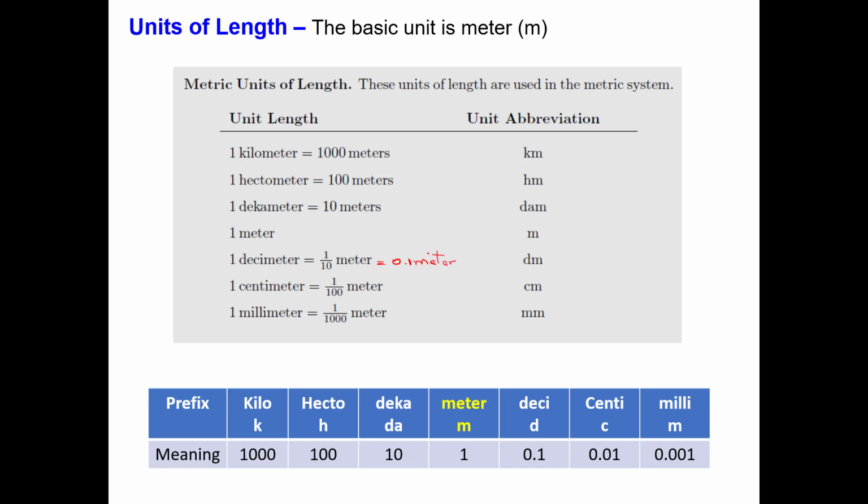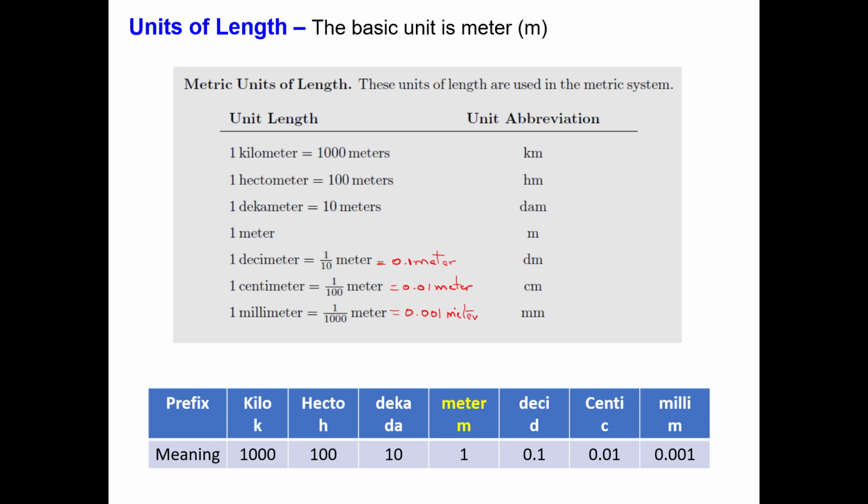1 centimeter means 1 over 100, which we can write as 0.01 meter. Or we can write 1 millimeter as 1 over 1,000 meters, which means 0.001 meters.